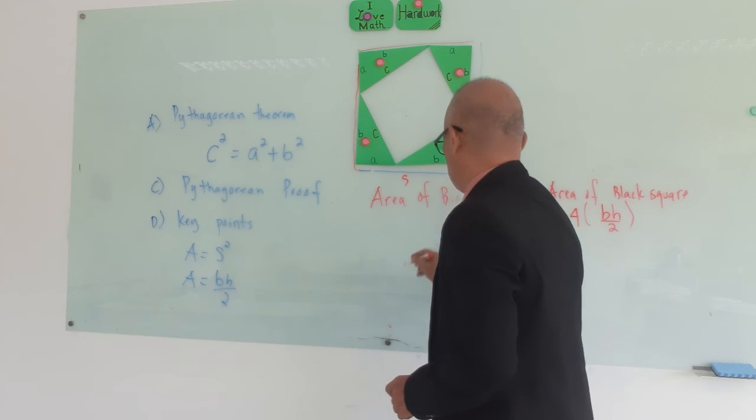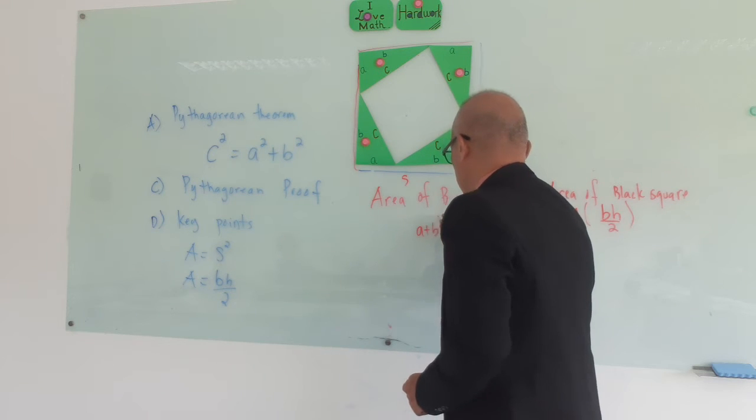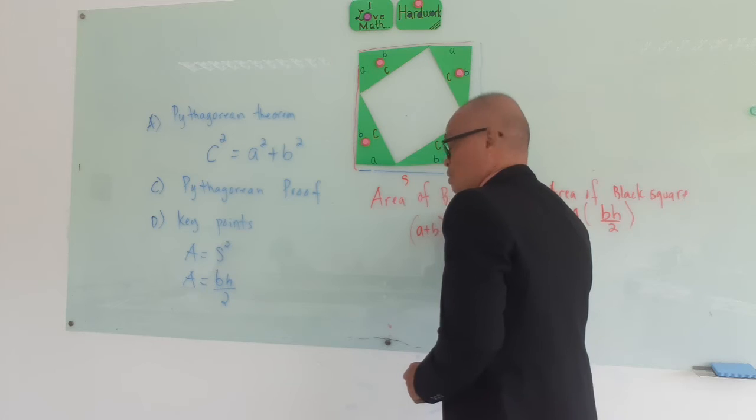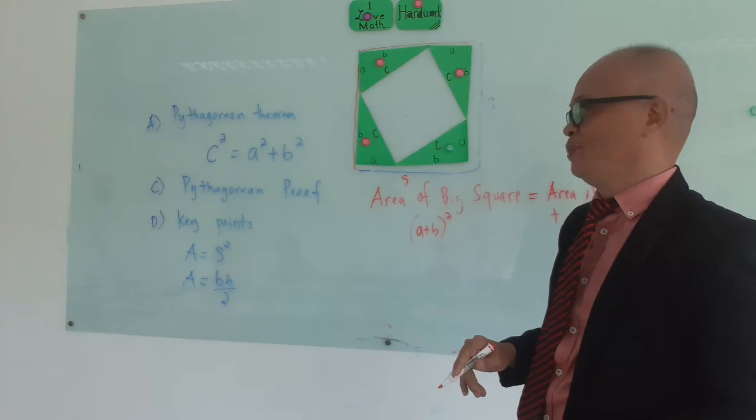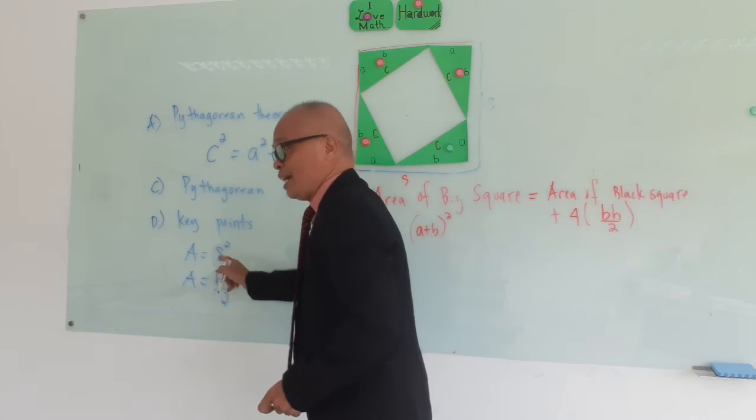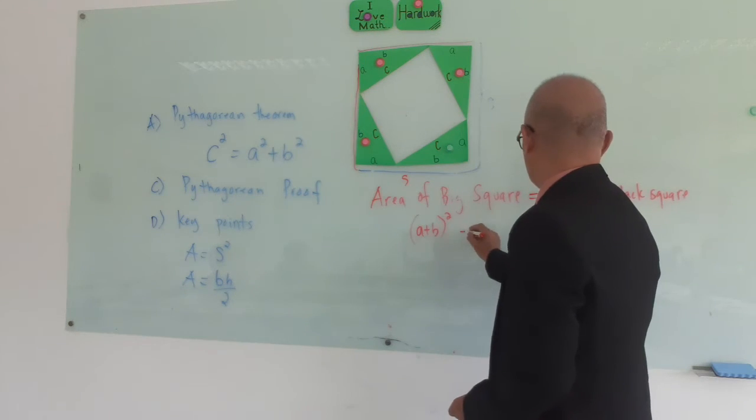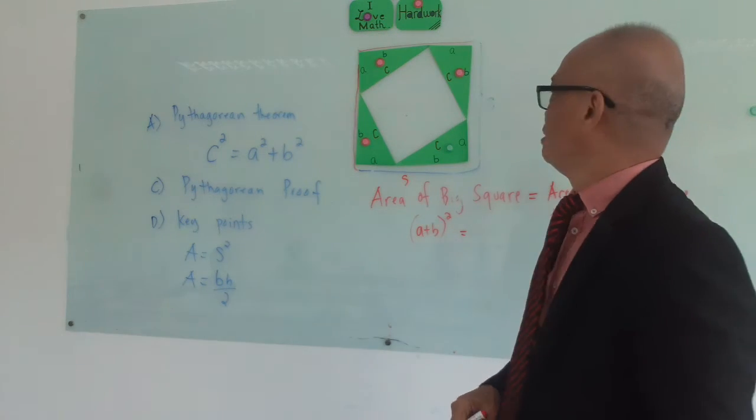A plus B, power 2, because this is side times side, is equal to the area of the small square inside.